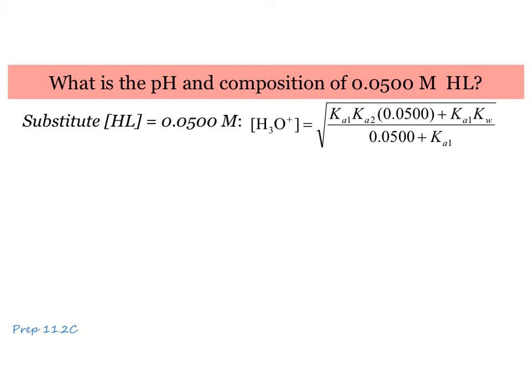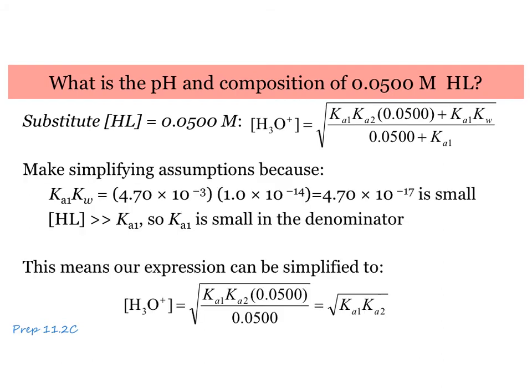Let's start by plugging in an easy number, the concentration of leucine, and see if we can make any simplifying assumptions from there. We see that the product of Ka1 and Kw is tiny, so we can ignore that since it will be much smaller than the product of Ka1, Ka2, and 0.0500 molar leucine.